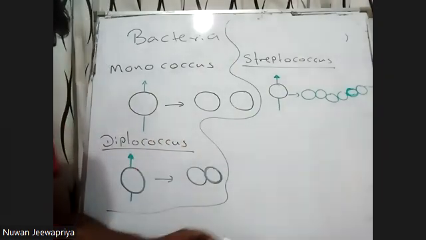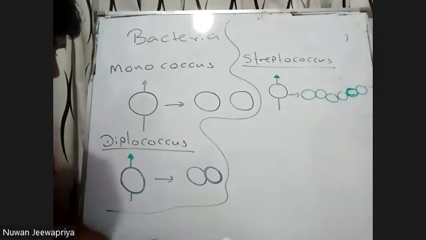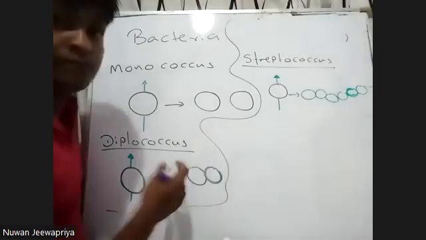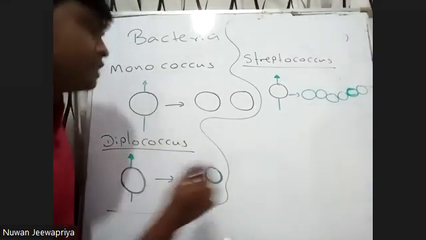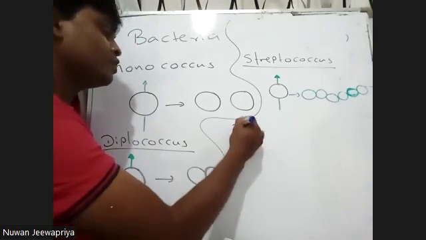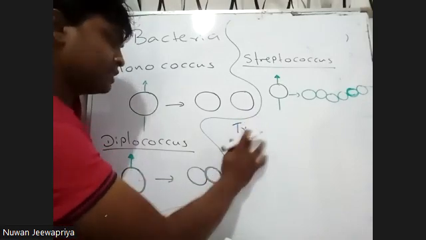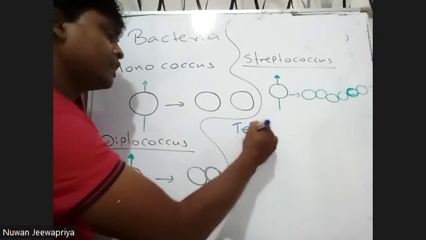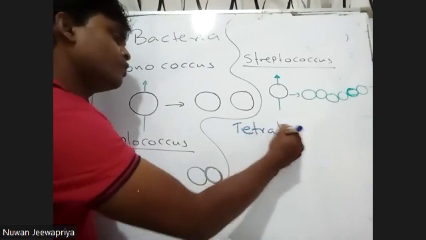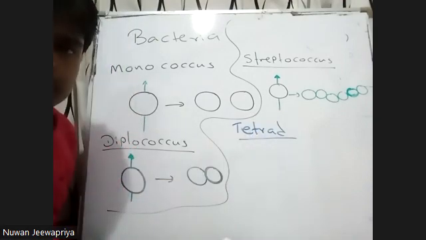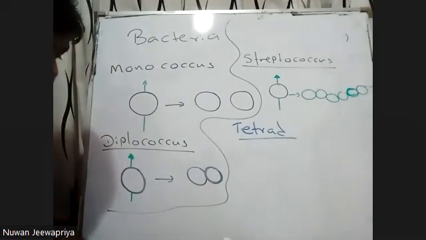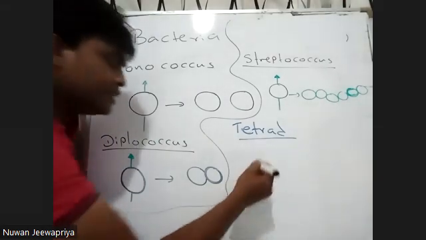Right. The next type of cell arrangement of bacteria is known as tetrad. What is this tetrad? Tetrad means it is something like this in the cell division.